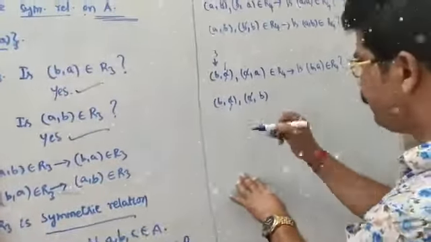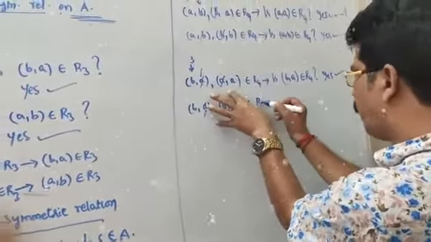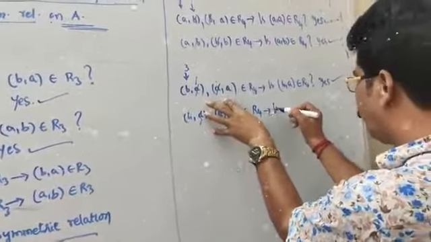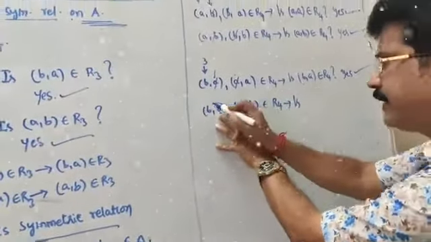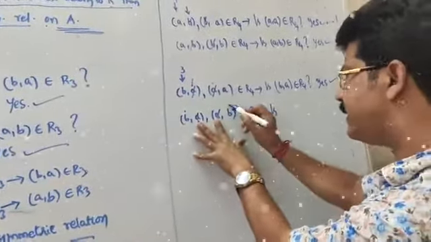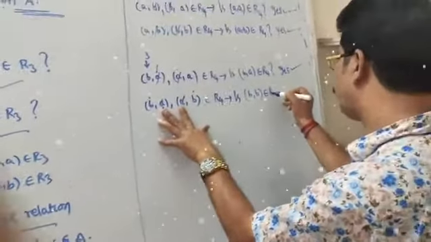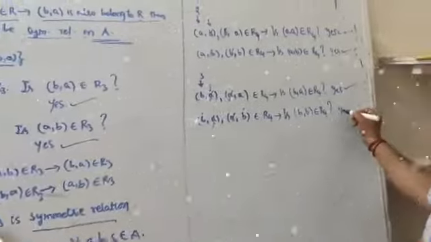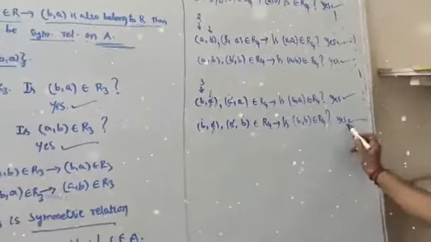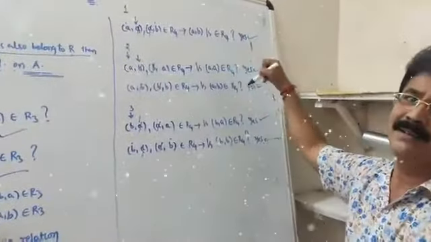Yes. Next, verify the same conditions for this last element. A, A same, of course this element belongs to R4. Now my routine question: after saying both are same, the remaining is (B, B). Does (B, B) belong to R4? Verify: (B, B) is there. So yes, your answer is yes.